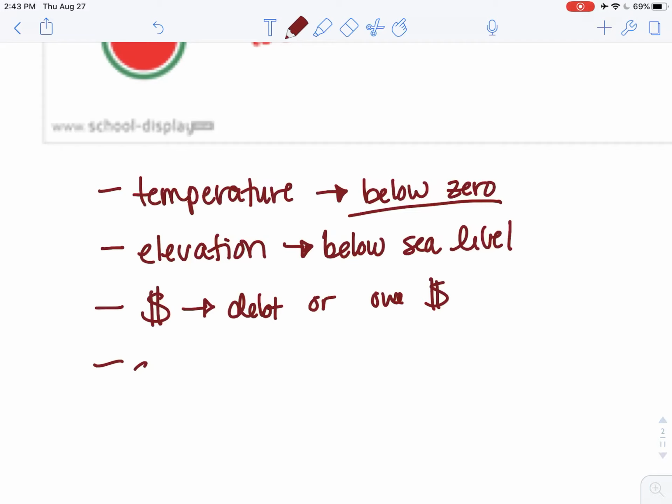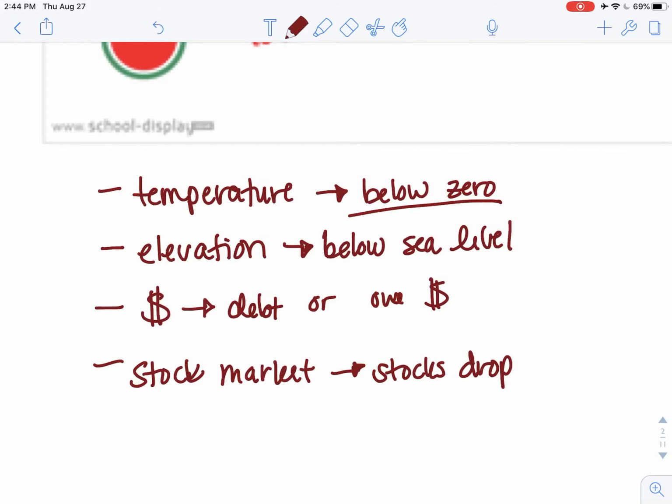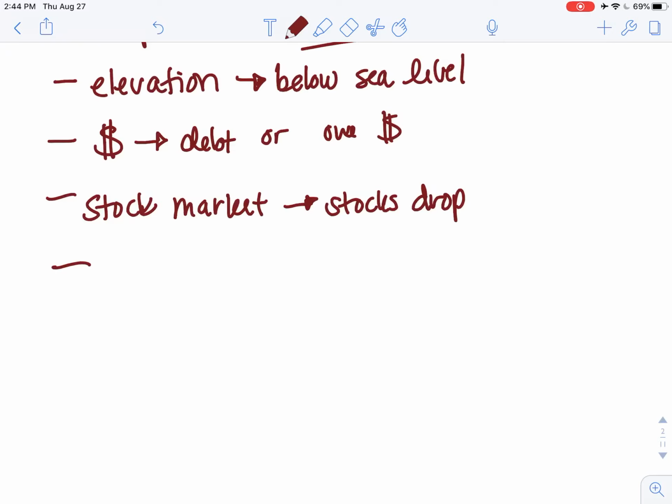Negative numbers are used, like I said before, in the stock market to represent when stocks drop, a decrease. Negative numbers are even used in YouTube.